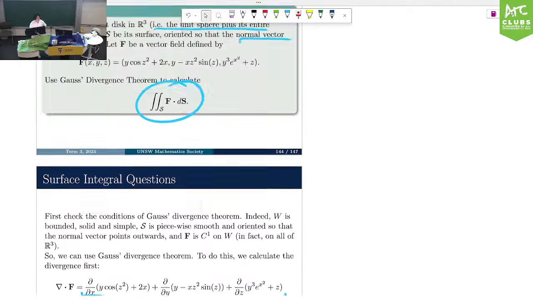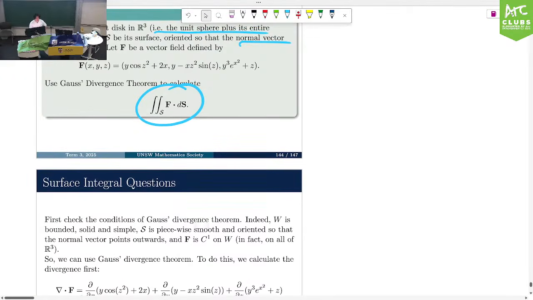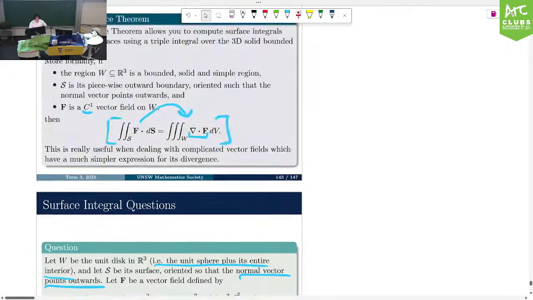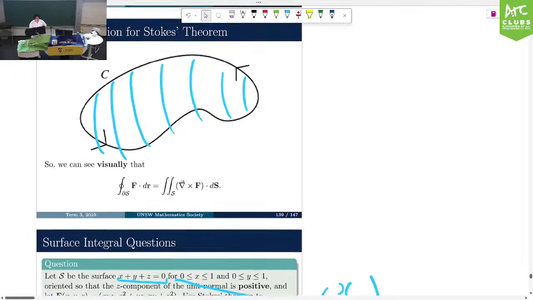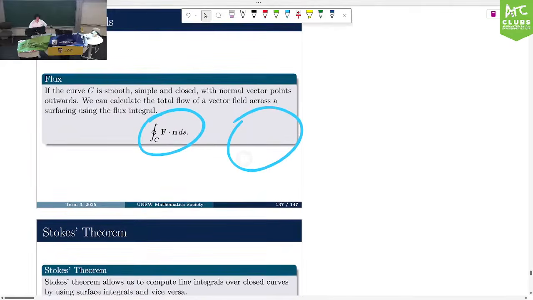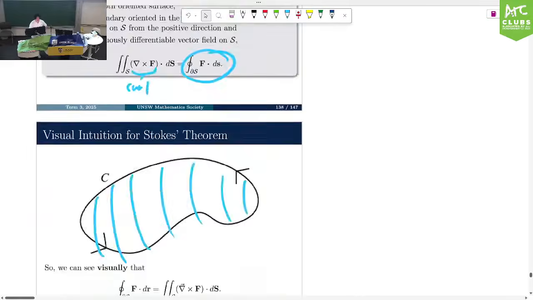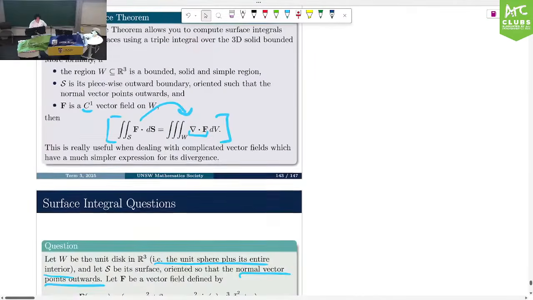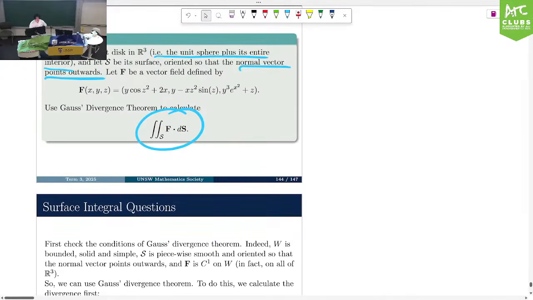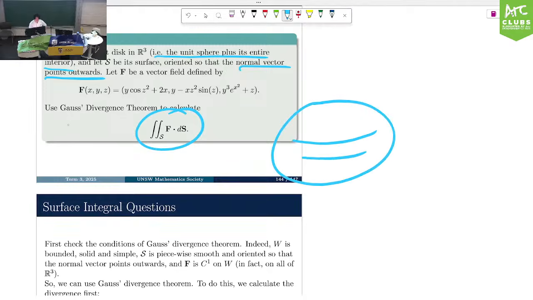Yes? Is that the flux? Very great question. Let me have a look. So the flux is a closed integral with respect to the normal, and that is an integral across the surface, a 3D region.